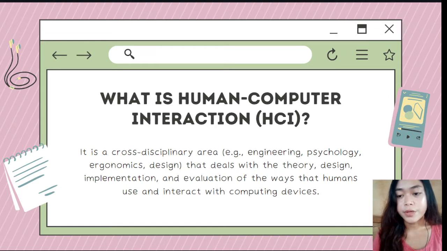It also includes the design, implementation, and analysis of various user interfaces. This idea is researched by UX designers, or user experience designers, and other professionals working in the technology sector in order to enhance the user experience for people who use computers and other technical devices.